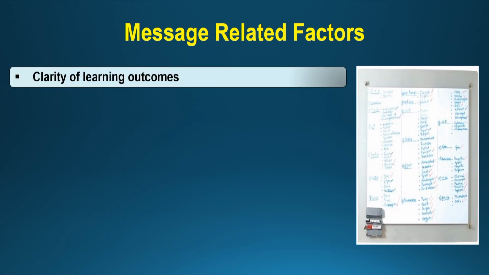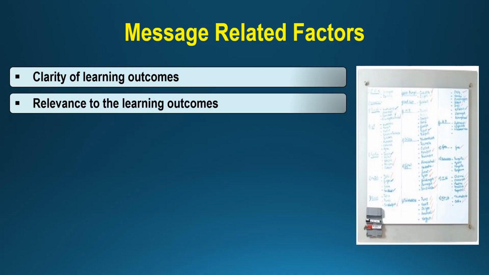A teacher must clearly specify what is expected of the learner at the end of unit of instruction. What a student is able to do at the end of unit of instruction. If that is clear, then the selection of content becomes easy and you are able to arouse the necessary motivation level among your students to learn that material.